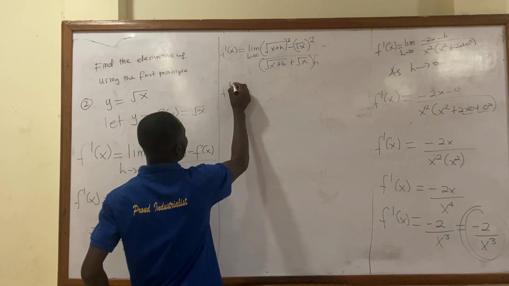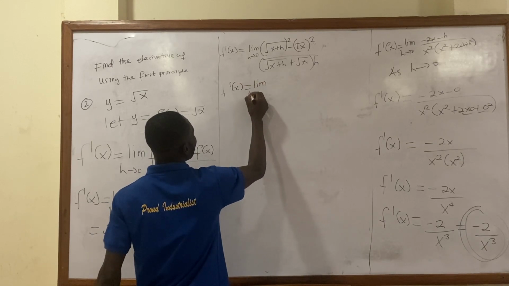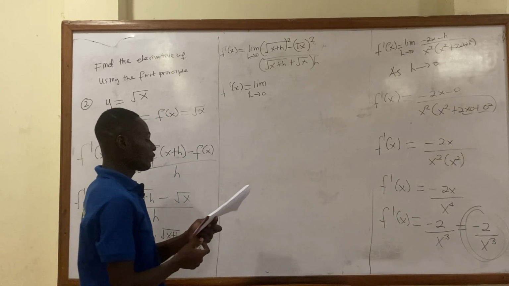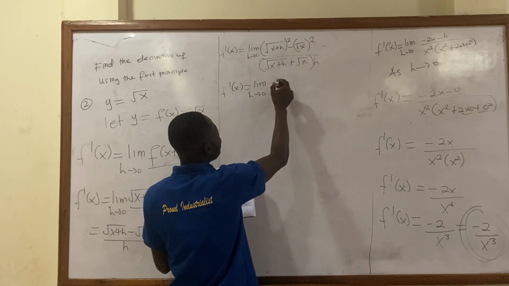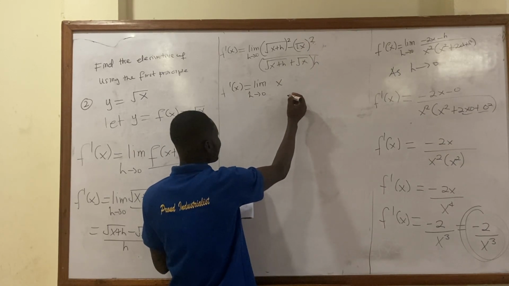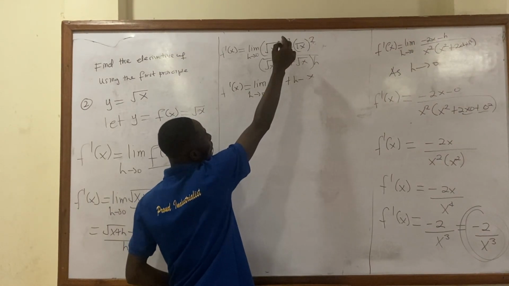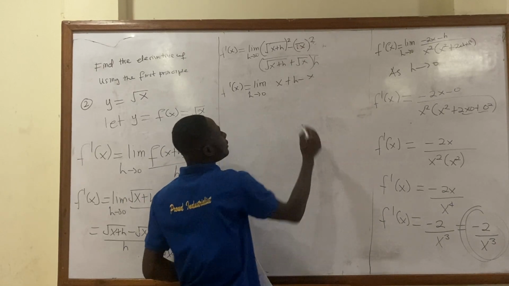Then we can say that the first principle or first derivative is equal to the limit as h approaches 0. From here, when you simplify this very well, you have x plus h minus x. This will cancel the square root sign, and this will also cancel the square root sign.